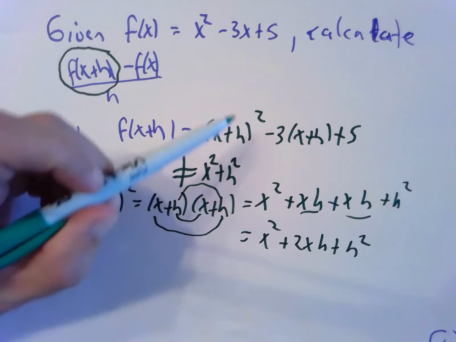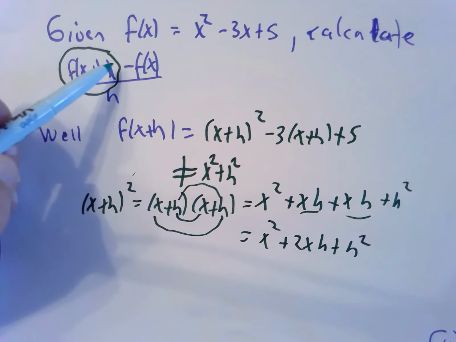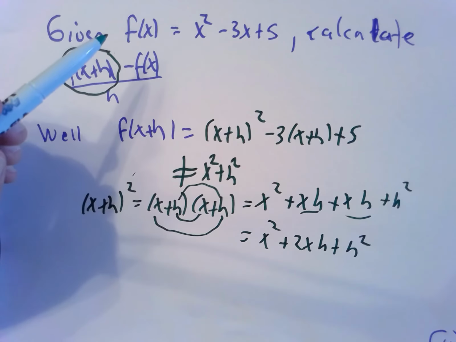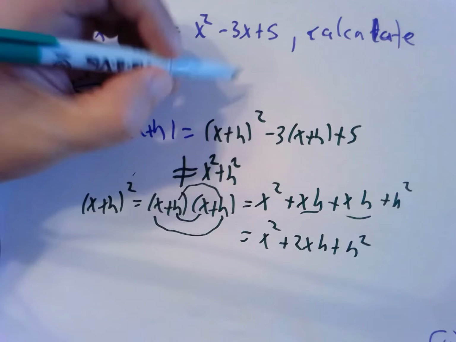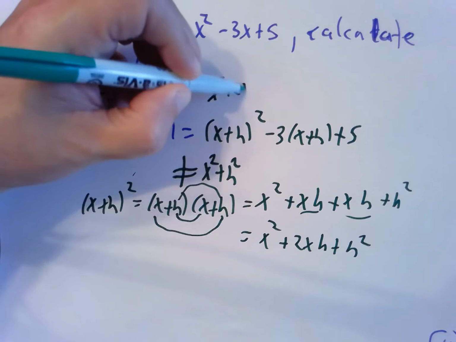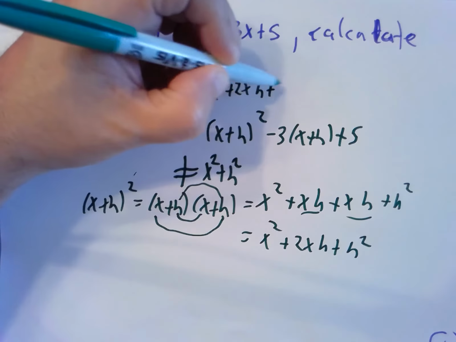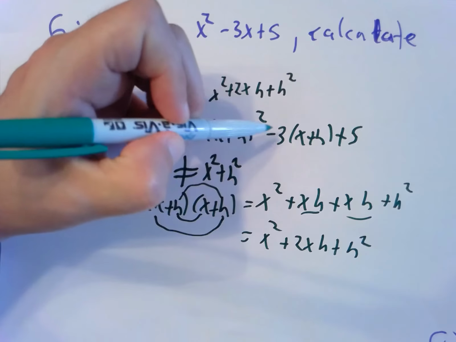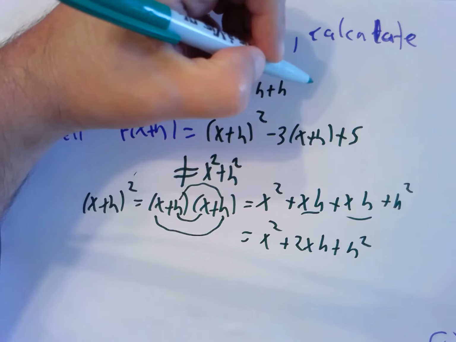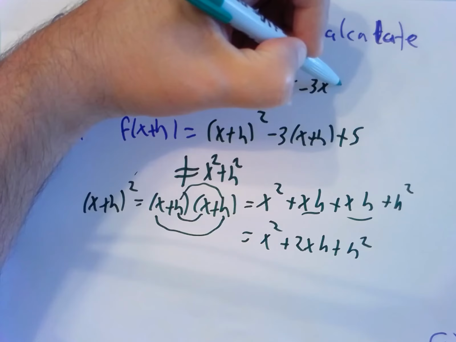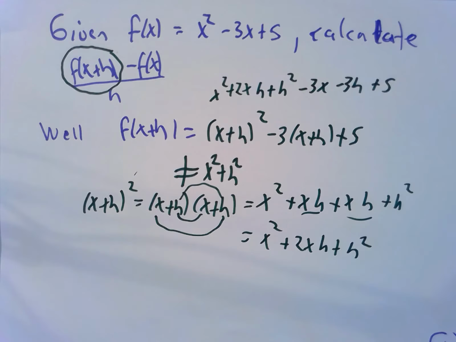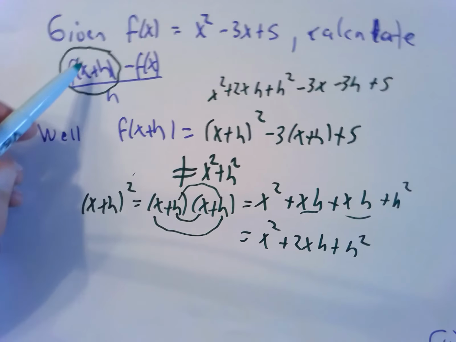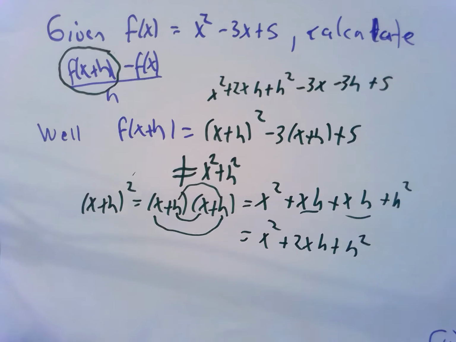Okay, that's this one little piece of this one part. We're nowhere near done. Okay, so f of x plus h will be this. x squared plus 2xh plus h squared. Then we have to distribute this minus 3: minus 3x, minus 3h, plus 5. That is the first part of this fraction I want to write out. That's f of x plus h.